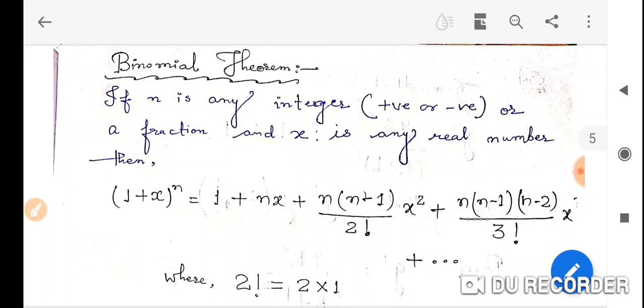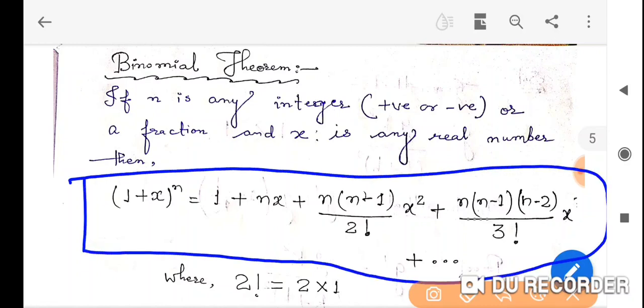Binomial theorem states that if n is any integer, positive or negative, or a fraction, and x is any real number, then 1 plus x whole to the power n equals 1 plus nx plus n into n minus 1 divided by 2 factorial into x square plus n into n minus 1 into n minus 2 divided by 3 factorial into x cube plus and so on.